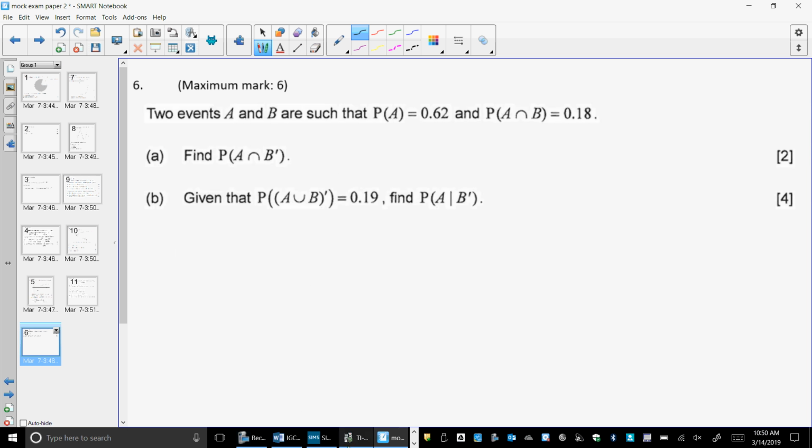Right, how do we have time? Alright, so we've got P intersect B dash. Right, so let's draw a little sketch.